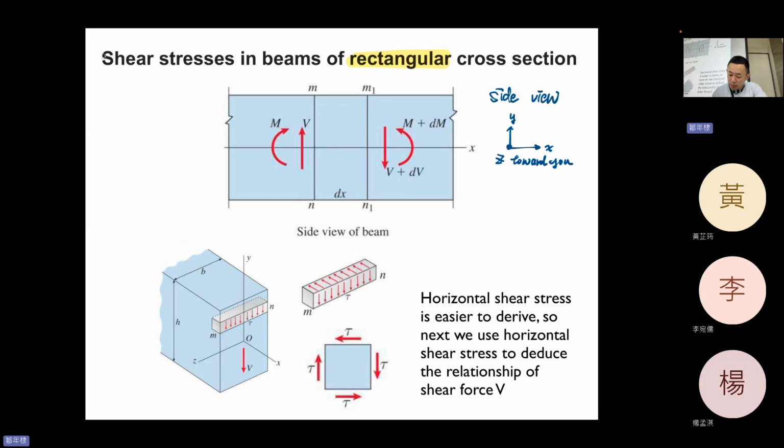the shear on that surface, or sorry, maybe I change a bit. The shear on this surface, okay? This surface in the middle, right? The yellow part, okay?